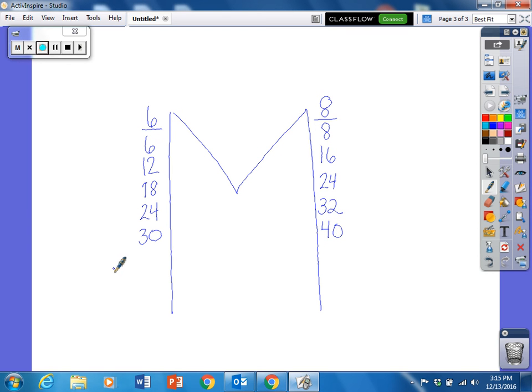Now so far, do we have any numbers in common? You're right. I see a 24 here, and I see a 24 here. Are there any numbers smaller that are in common? Nope. So this is our LCM, or our least common multiple.